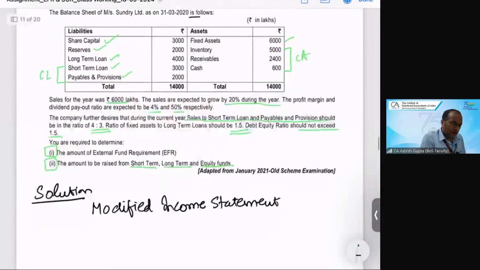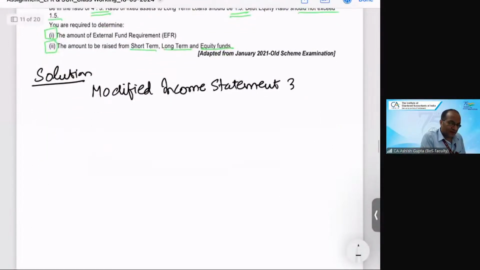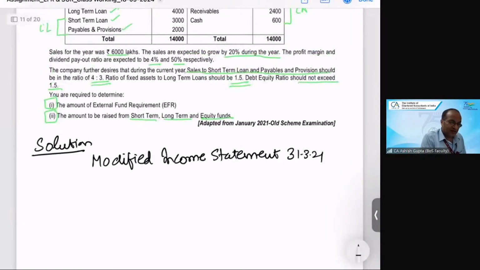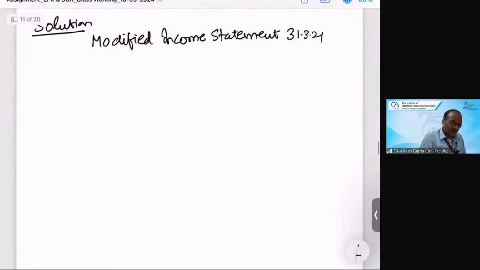So the modified income statement shall be for 21, because in the coming year it is expected to rise.